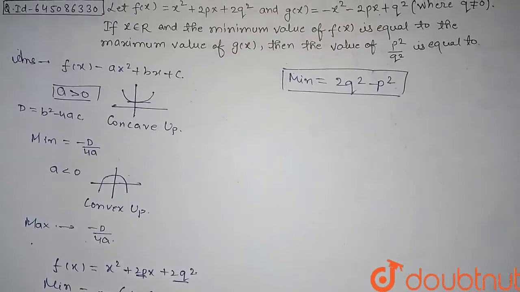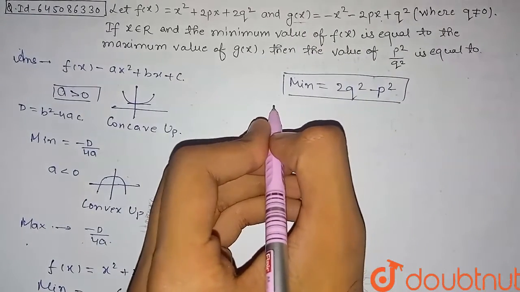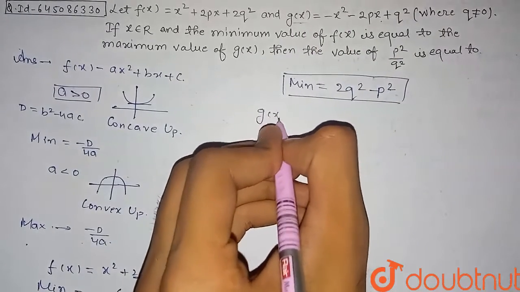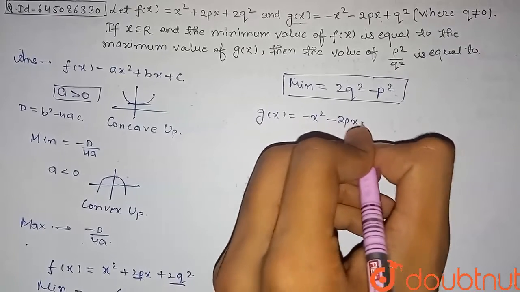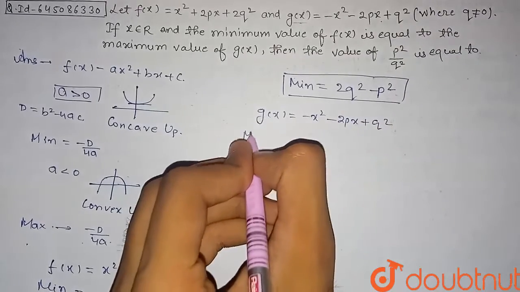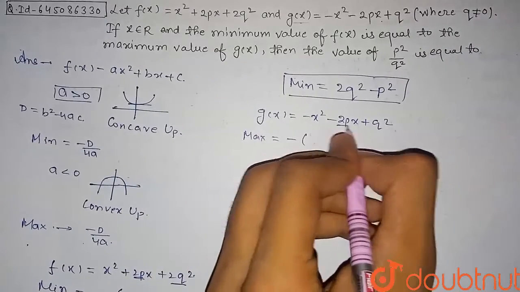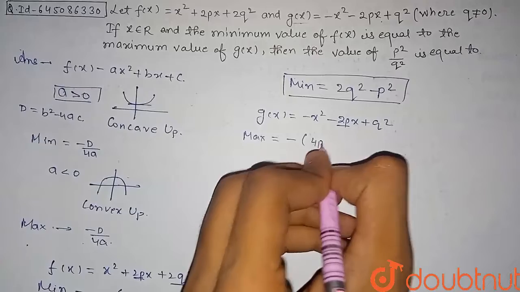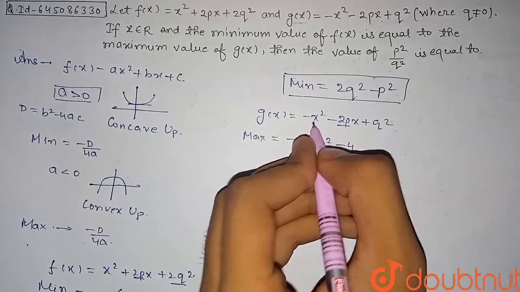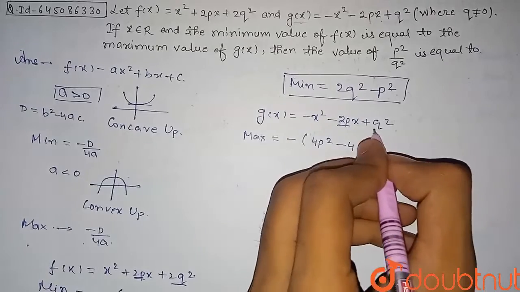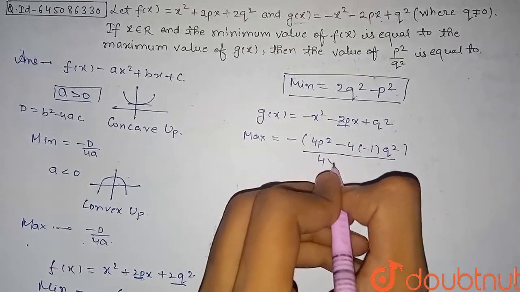Now the second equation in the question is g(x). For g(x) there will be a maximum value, where g(x) is minus x square minus 2px plus q square. The maximum value will be minus of b square minus 4ac, that is minus 2p whole square, so 4p square, minus 4 into ac. The value of a is minus 1 and the value of c is q square, and the denominator is 4a, so 4 into minus 1.